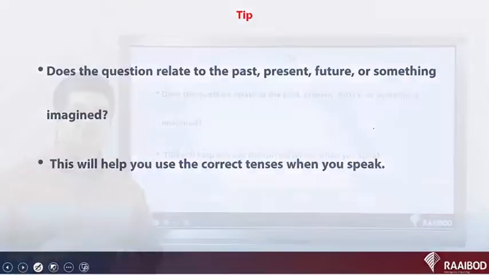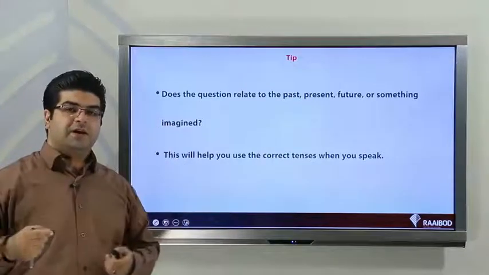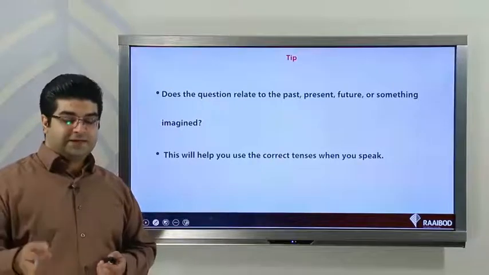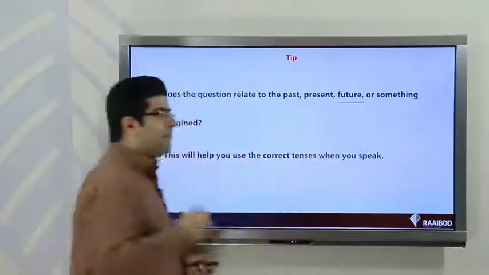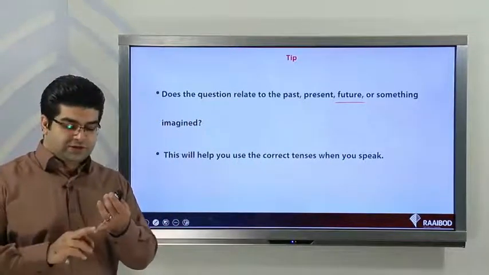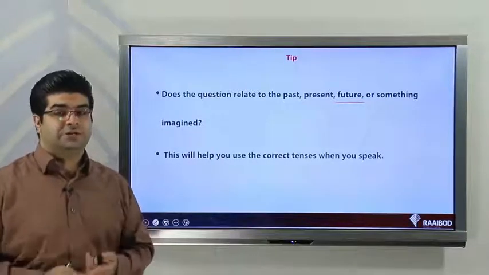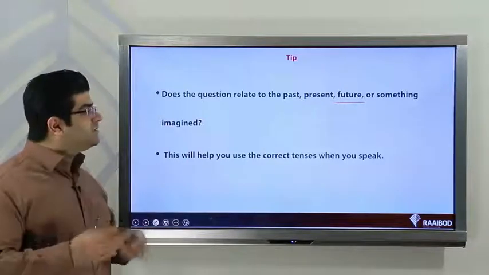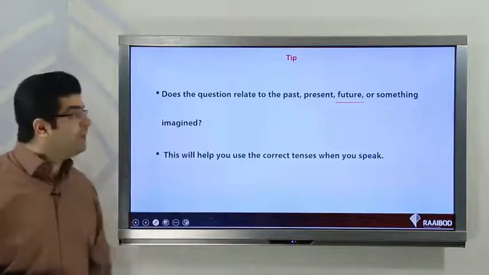It means intentionally, before you start speaking, while your brain is storming and you're putting your notes down, think about the tenses. If this is, for example, future tense, remember to use a wide range of future tense if you can, like future simple, future plan, future perfect, or future continuous. You don't have to use all of them, but if you can show some different types of future tense, it'll help you score higher. Okay?